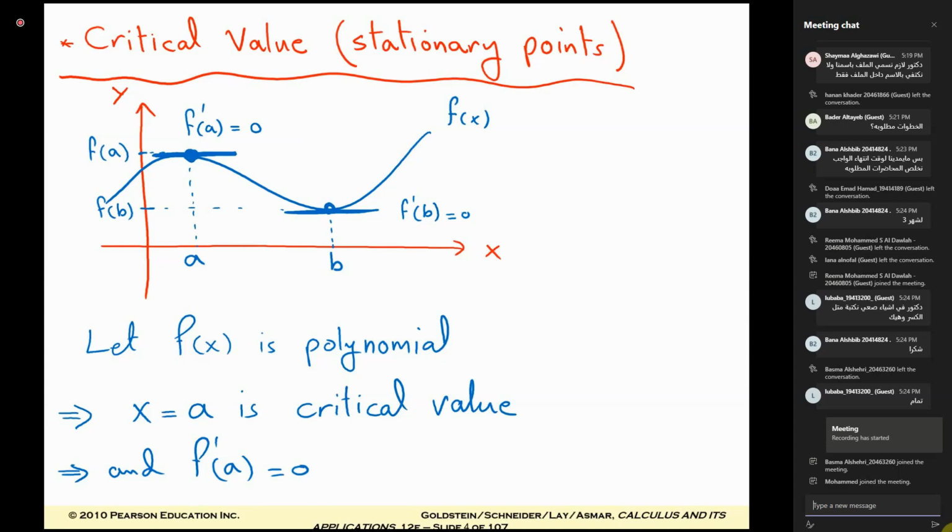Also at x equals b, this is a critical value, and f prime of b is also 0.